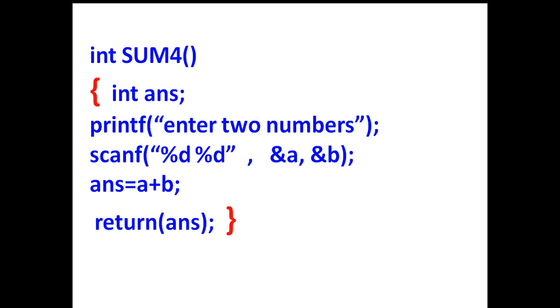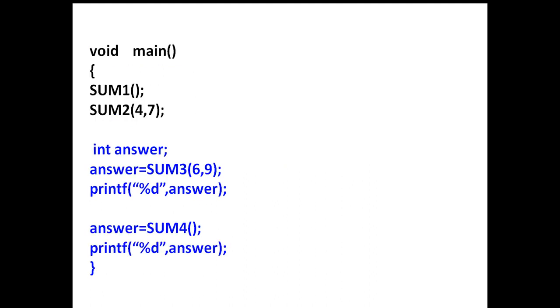Then in the same way, the fourth category function, sum4, will perform its task. It will get two numbers and calculate the answer, and the calculated answer will be stored into the answer variable. So the answer will be printed.